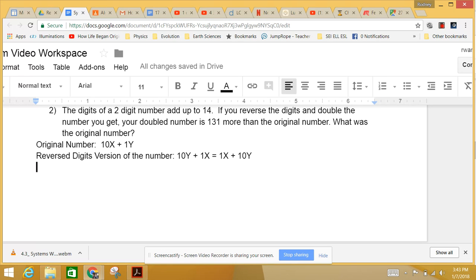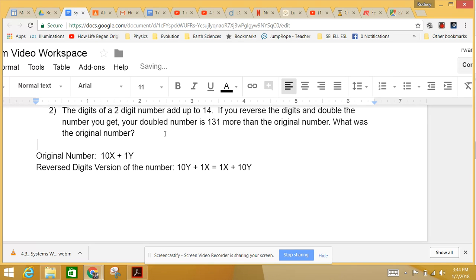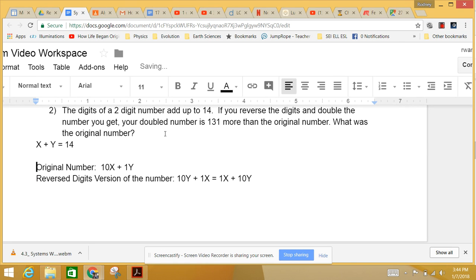My reverse number is 10y plus 1x, because now my ones place has become my tens place, and my tens place has become my ones place. I know that my tens place plus my ones place digits add up to 14, so I've got that equation. So I can set that aside.